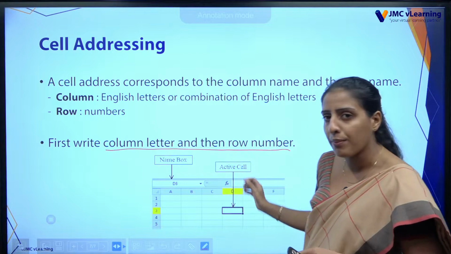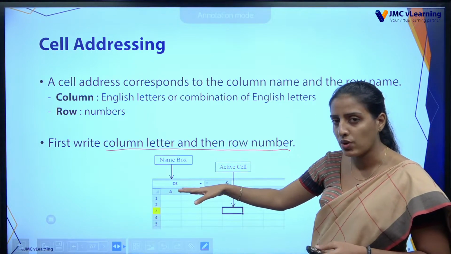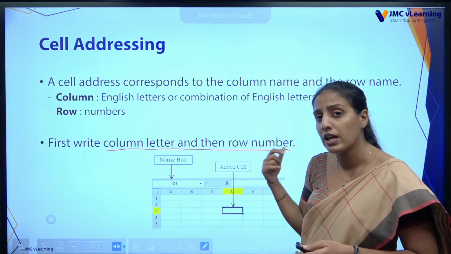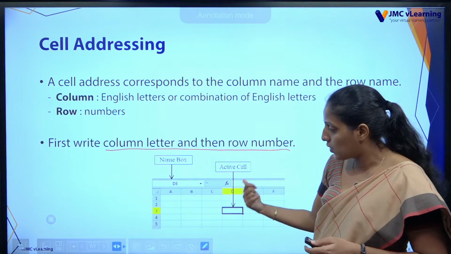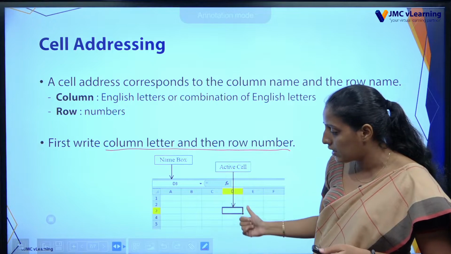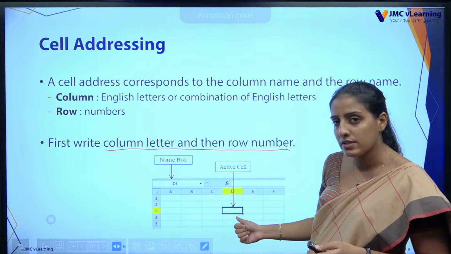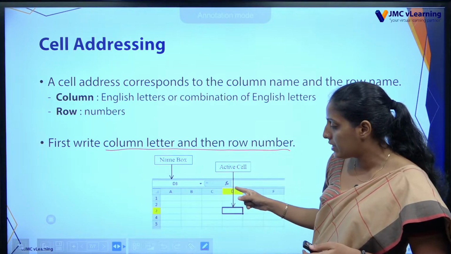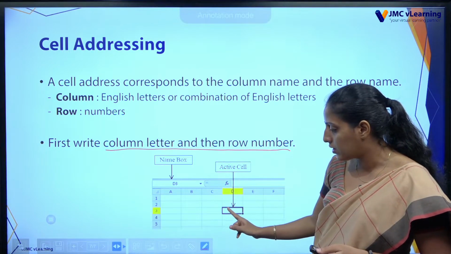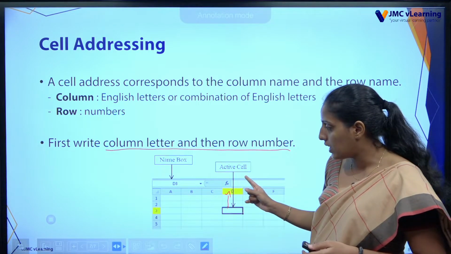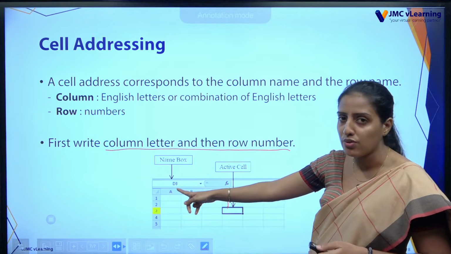Now in the example, the name box displays the cell address of the currently active cell. So now this is the cell activated in Microsoft Excel. How can we say the cell name? First we have to take the column. Now look at the column. You can see D. So D is the first one you have to write.